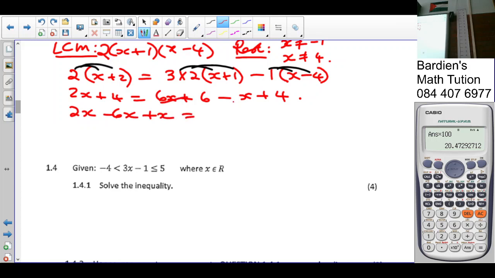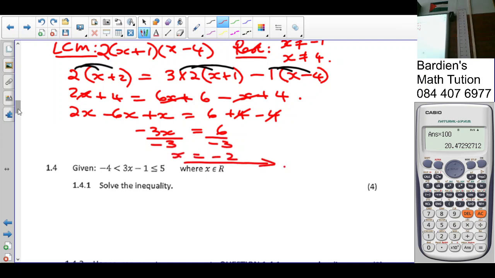So I've accounted for that. 6 plus 4 minus 4. So that cancels, gives you 6 and 3 in the negative. Not so? How do I get x on its own? Divided by negative 3 both sides. So x equal to negative. Okay, any confusion? Nobody?